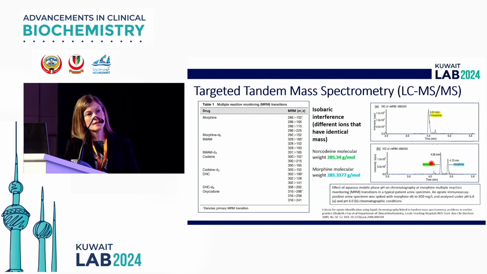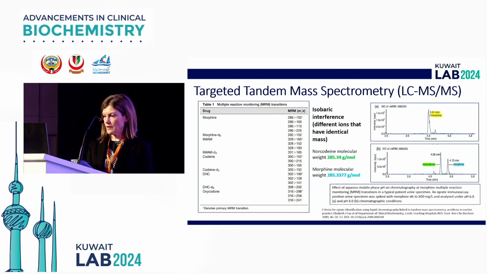You can clearly see that the drug that was giving you the positive result in the morphine assay was actually norcodeine, a mass of 285, which eluted at 4.38 minutes, and then morphine, which eluted at 4.7. So you do need to be careful about your chromatography if you need to resolve isobaric substances.